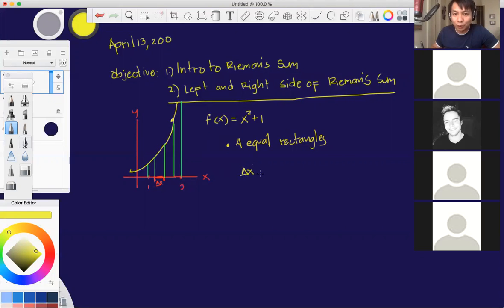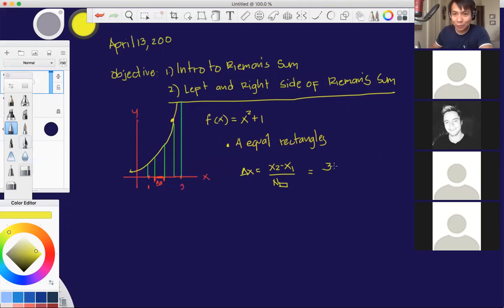Delta x for this one is going to be x sub 2 minus x sub 1 divided by the number of equal rectangles. So in this case, our x sub 2 is 3. Always try to remember that your x sub 2 will always be the biggest value.